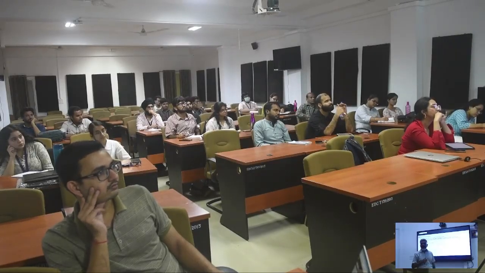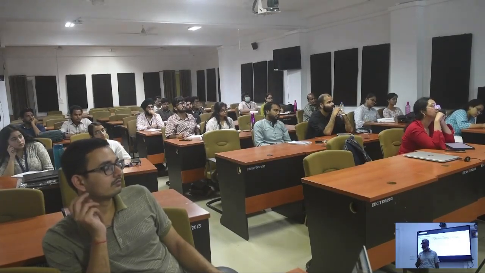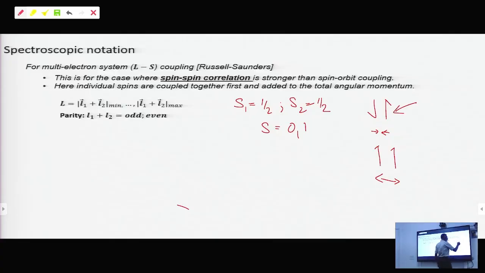If you look at it, it's repulsion and attraction. The anti-parallel case will be repelled with much larger force because they are closer compared to the parallel one. So the repulsion is less for the parallel ones than for the anti-parallel ones.